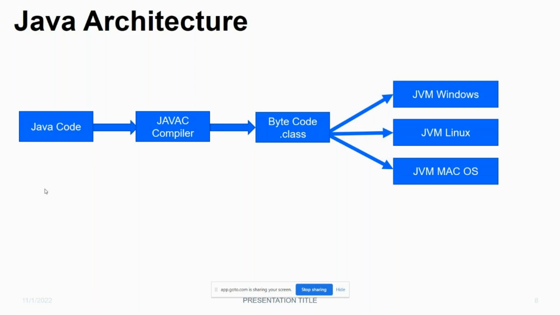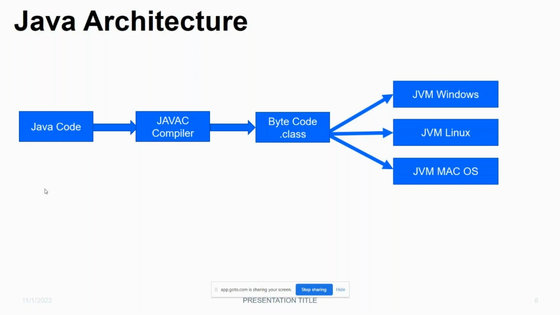So that means we are not writing the program for the operating systems, we are writing our program for the Java Virtual Machine, which in turn is responsible for talking to the operating system, because this command prompt is the operating system's own. If you go to a Mac, you will have a terminal, not the command prompt, CMD, right? That means these are operating system specific. With the help of these things only, we are able to see an output as of now, isn't it?